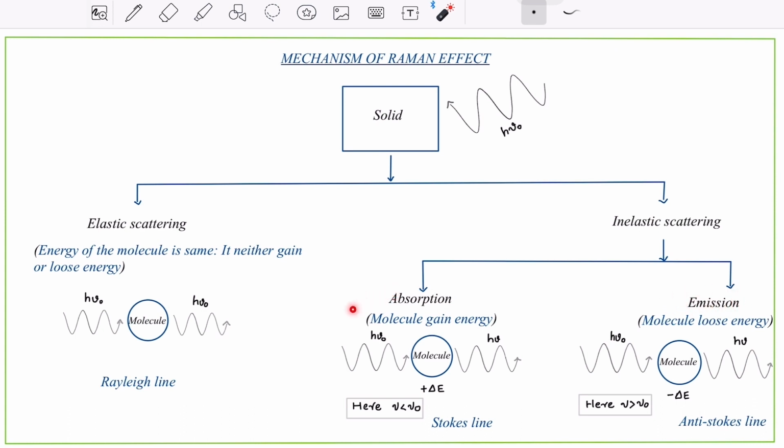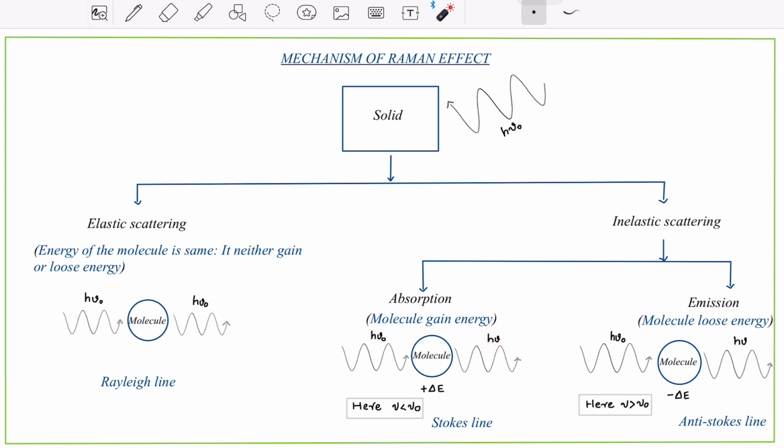Let us discuss absorption first. Consider a monochromatic radiation of energy h nu 0 incident on the molecule. Now the molecule absorbs a part of the energy from the incident radiation, and as a result, the scattered photon has an energy which is lesser than the incident radiation.